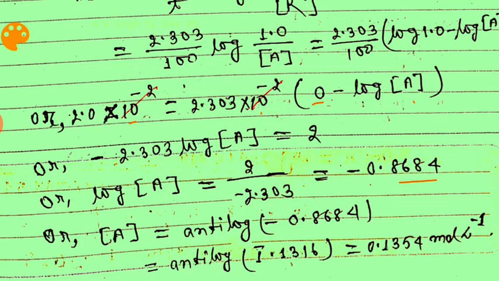So after 100 seconds, the concentration of the reactant will be equal to 0.1354 mole per liter. Now the rest of the exercise questions you have to solve yourself.